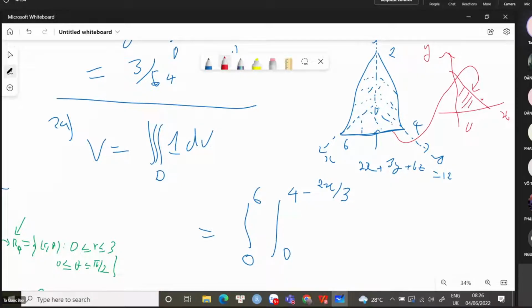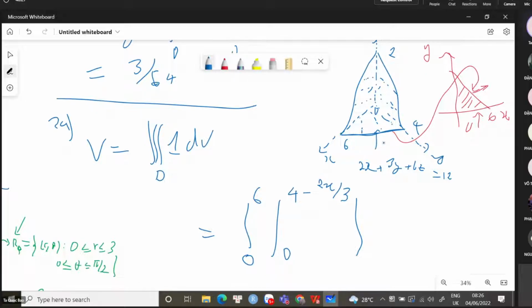In this region, x goes from 0 to 6, and you will meet the line y equal to 0, and then this line is 4 minus 2x over 3. Okay, so what happened for z?